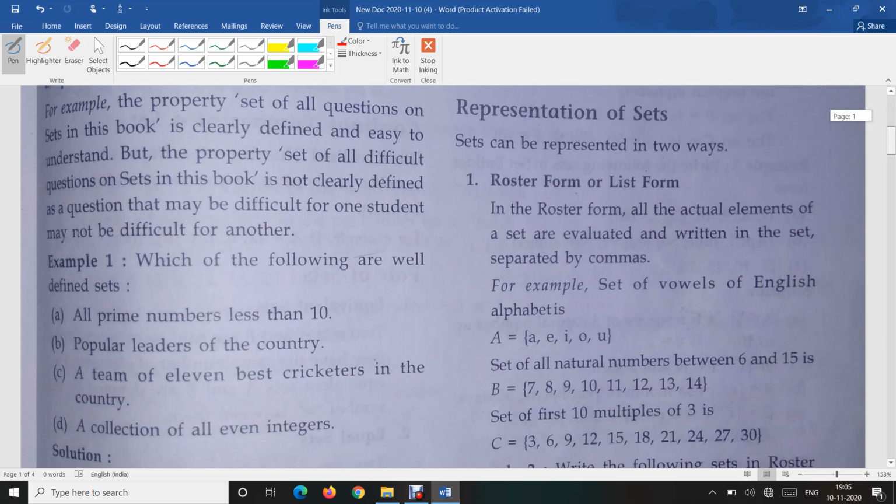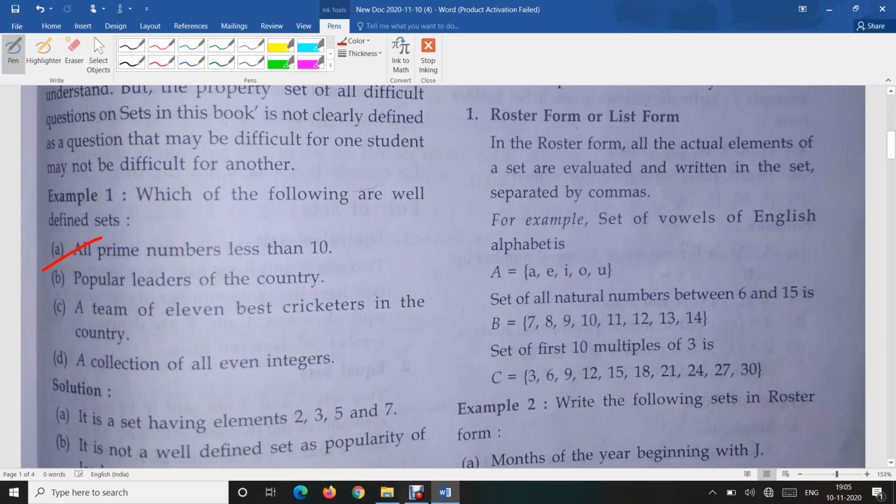Just see, here we have all prime numbers less than 10. Can you make the list of all prime numbers less than 10? Yes, the prime numbers start from 2, 3, 5, 7, and less than 10 only 2, 3, 5 and 7.